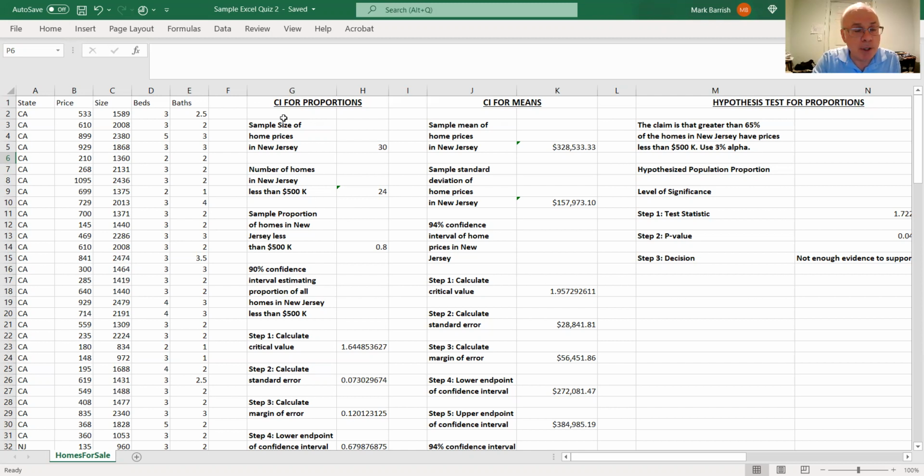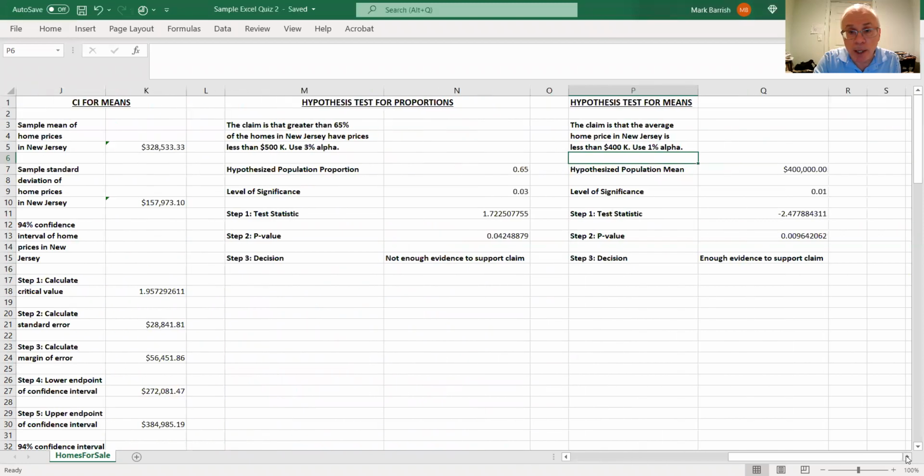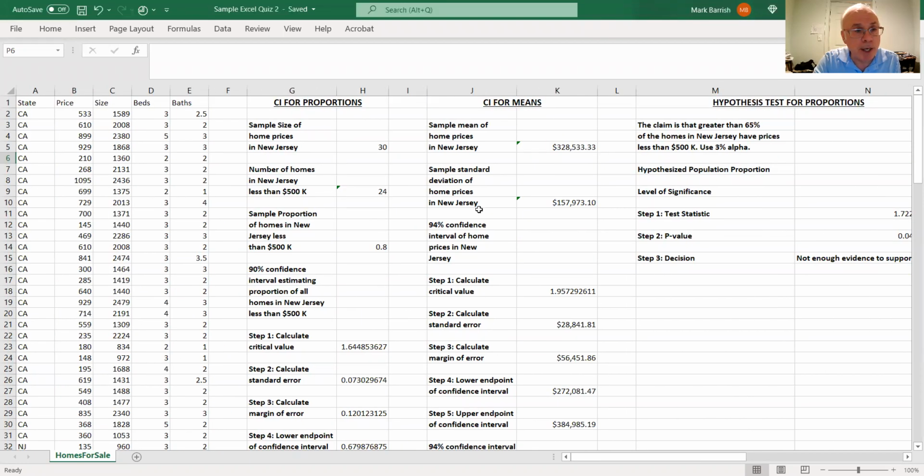All right, so there are 4 things that you'll be doing on the quiz: a confidence interval for proportions, a confidence interval for means, a hypothesis test for proportions, and a hypothesis test for means.